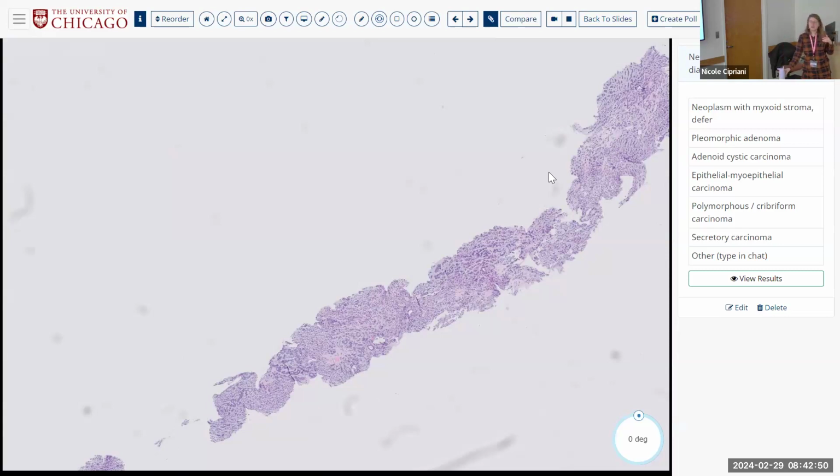Yeah, so the two biphasic tumors where you can have cribriforming are of course adenoid cystic, and you can sometimes see cribriform areas in pleomorphic adenoma. Epi-myo, usually not so much. Polymorphous, right, could have cribriform areas, but that's monophasic, and you won't see a myoepithelial cell layer in the cribriform area, so you can write that off right away.